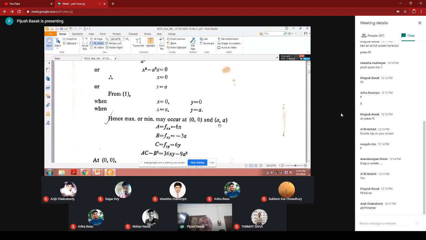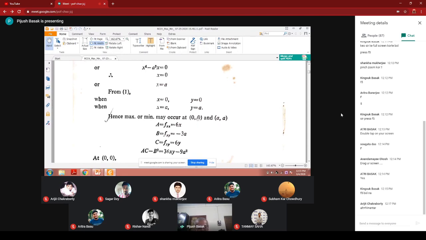So the stationary points are, I just told you, please remind me, what are the stationary points? That is where the maximum or minimum takes place. One point is x is equal to 0, y is equal to 0, so (0,0).